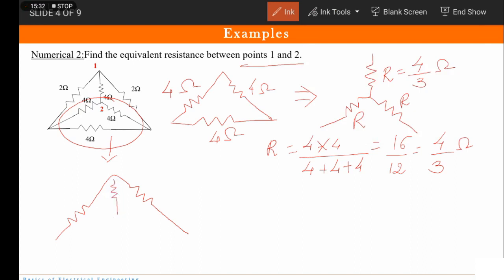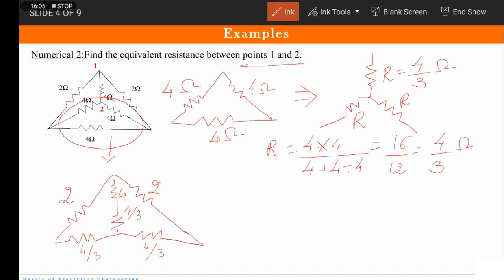The remaining resistances will be like this. Yes. Fine. So this was 2, 2, correct? This was 4, and these three, they are 4 by 3, 4 by 3, 4 by 3.